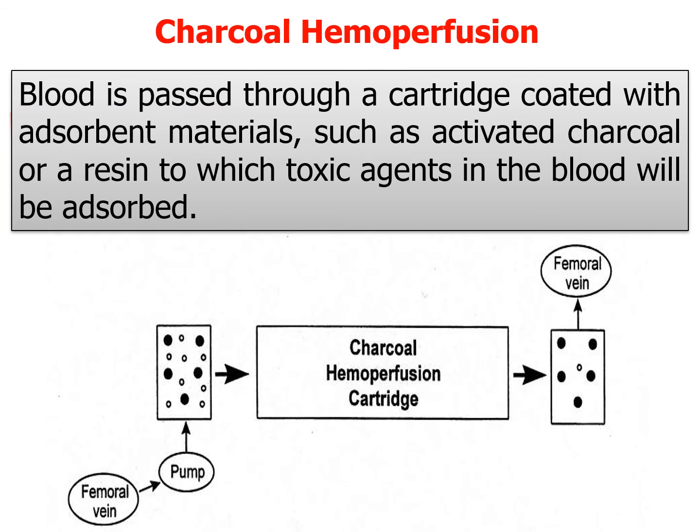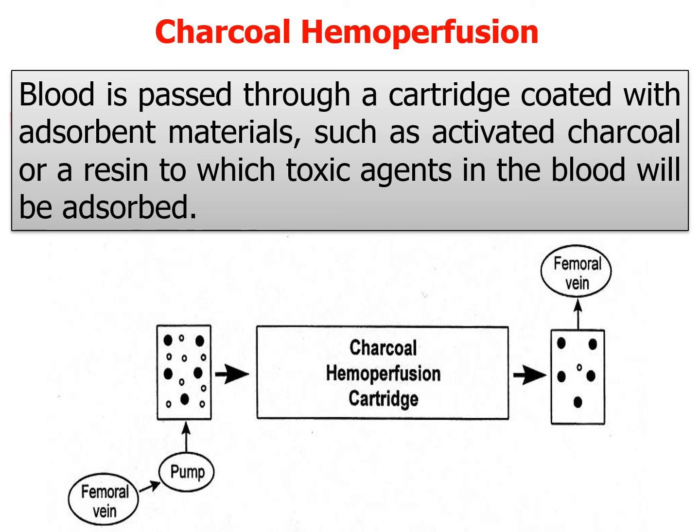Another method of enhanced elimination is called charcoal hemoperfusion. It's so close to hemodialysis, but with some differences. As in hemodialysis, we insert a large bore double-way catheter in a large vein like the femoral vein, and the blood will be pumped outside the body to enter the charcoal hemoperfusion cartridge.